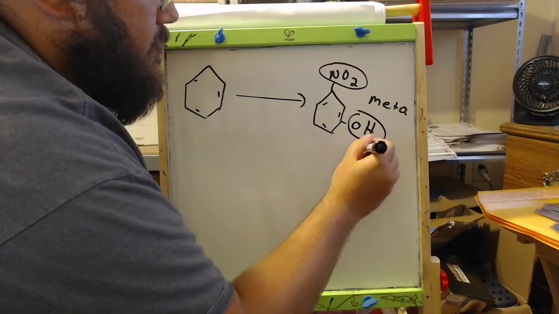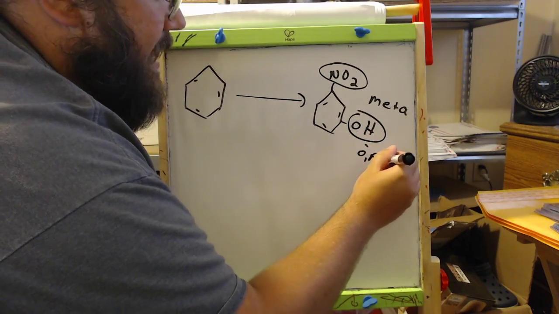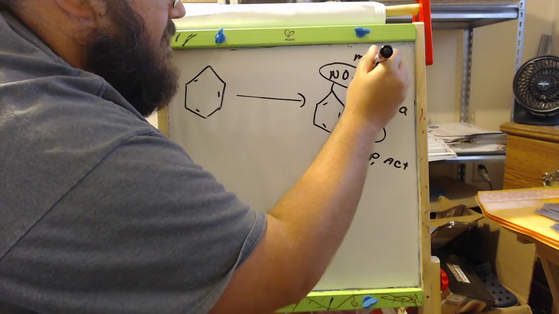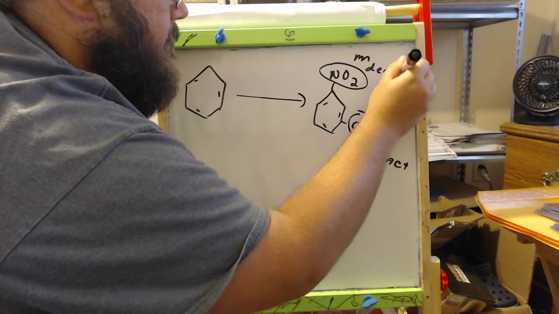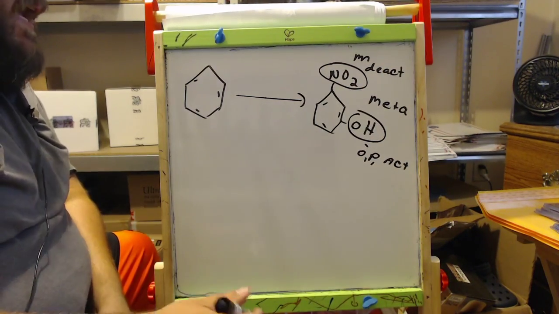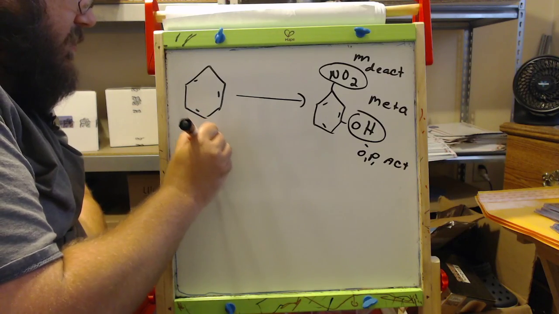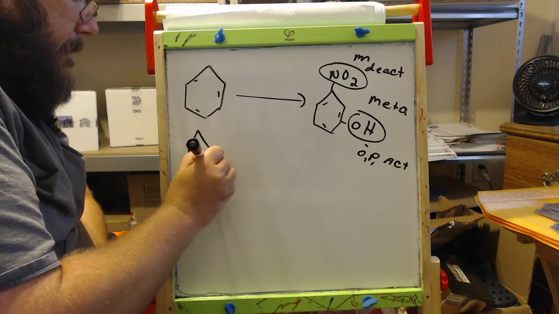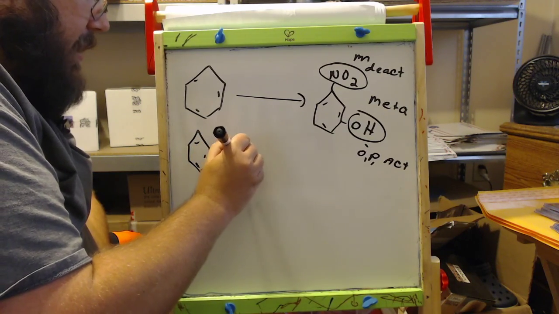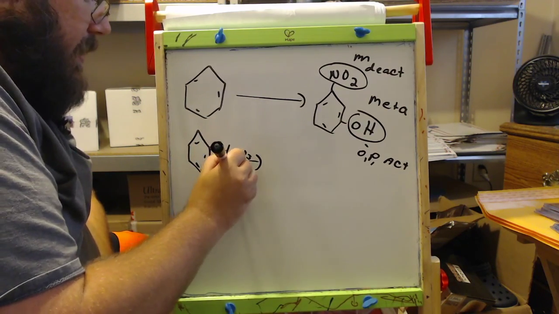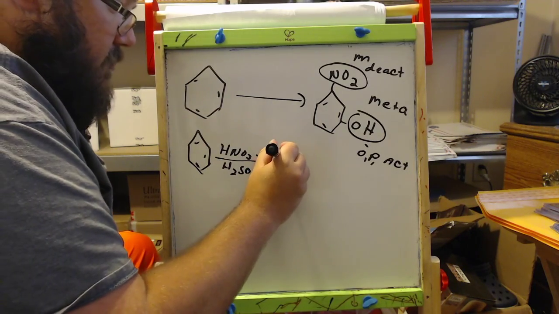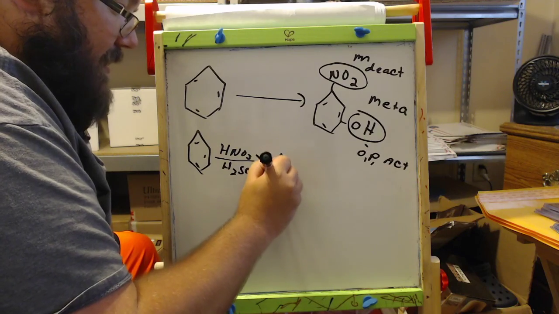Well, OH is an ortho-para activator. NO2 is a meta deactivator. Okay. So what do I want to add first? Well, if I'm going to do this correctly, I have my benzene ring, I'm going to want to add my HNO3 and H2SO4 first. And you could draw out the mechanism. Due to board space, I'm not going to draw out the complete mechanism here. I'm just going to attach the nitrate.